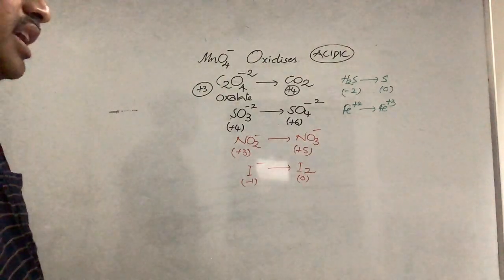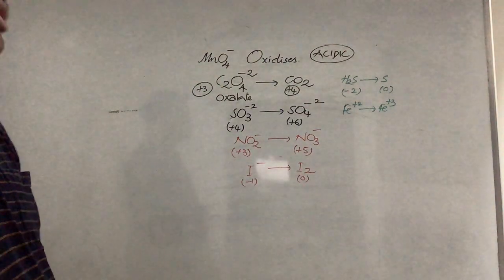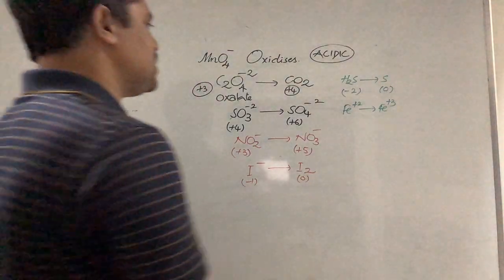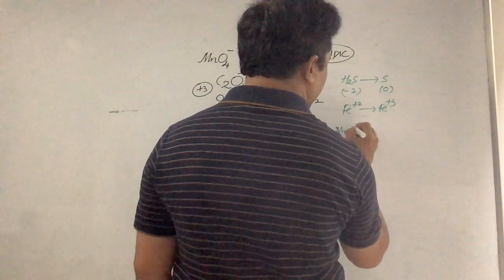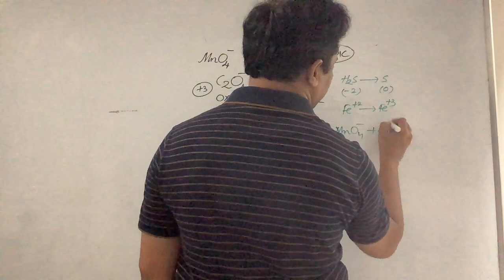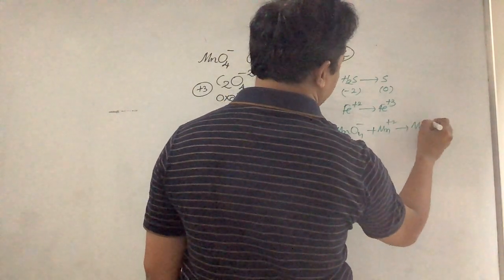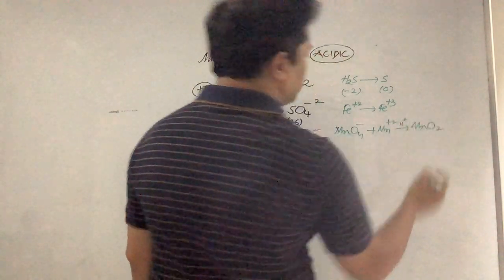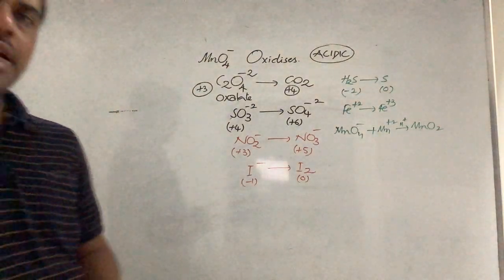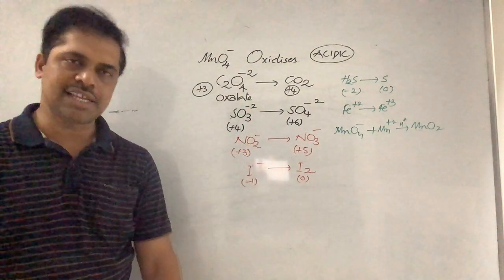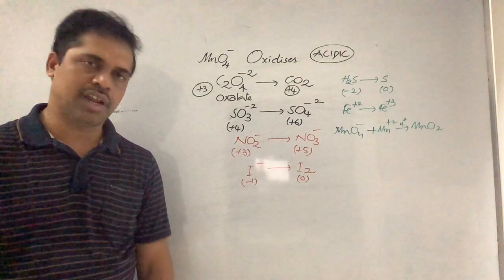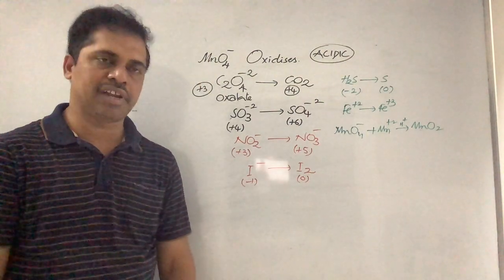And KMnO4's specialty is that KMnO4 itself undergoes a change when it is added with Mn plus 2. MnO4 minus when treated with Mn plus 2 changes to MnO2. Very, very special reaction. In acid medium, when potassium permanganate is treated with Mn plus 2, it changes to MnO2. Okay. Till that time I was explaining this one.